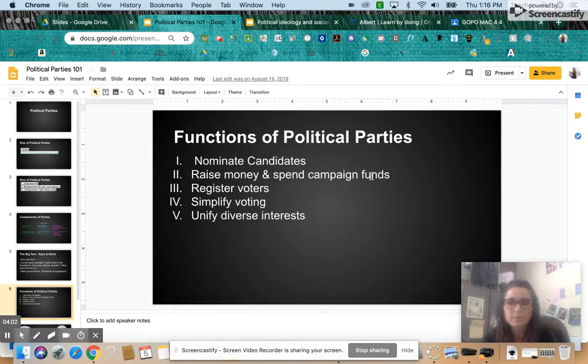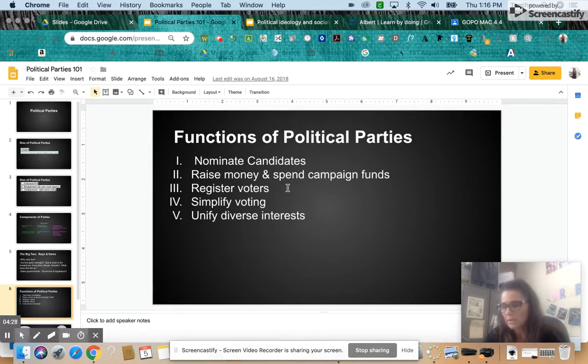As campaigns have become more candidate centered and parties have gotten weaker, this has been somewhat declining in importance. Another thing that they do that's really powerful is they register voters so that they have the constituents, the electorate that will go out and support them in the actual elections and get their candidates elected that they have nominated.